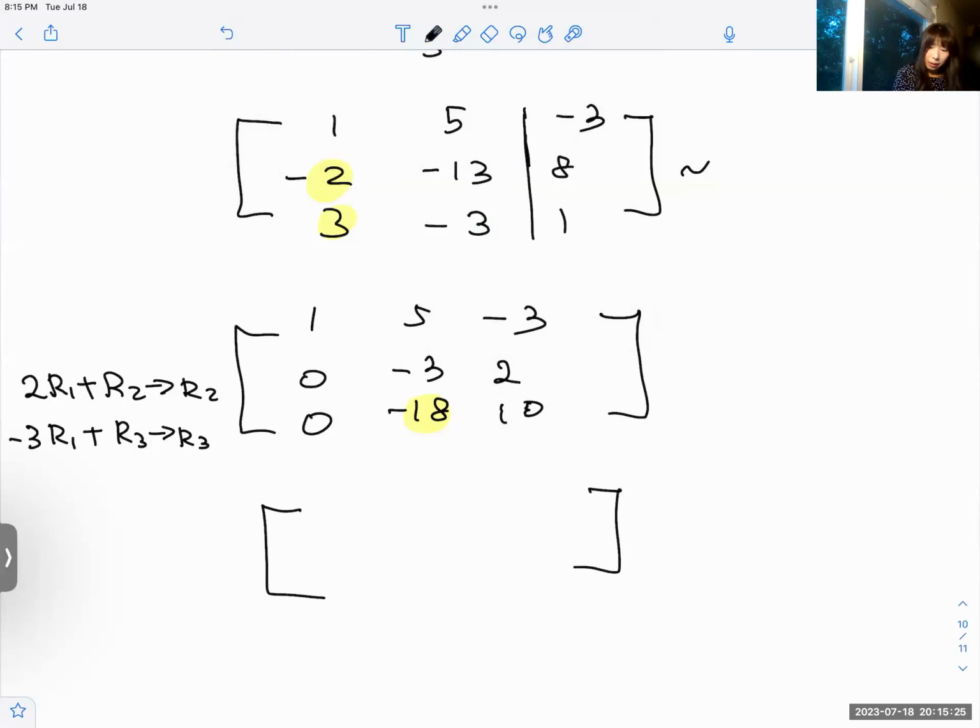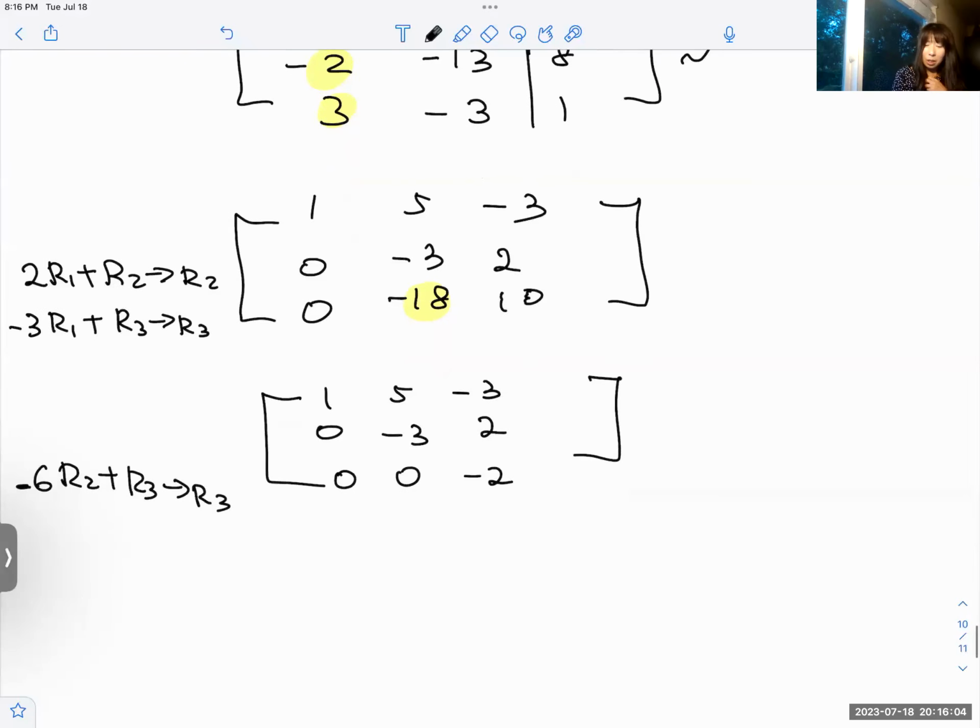So we get 6R2 plus R3 to make R3, right? So we have 1, 5, -3, 0, -3, 2. Okay, so negative, correct, thank you. And we have 0, 0, -2.